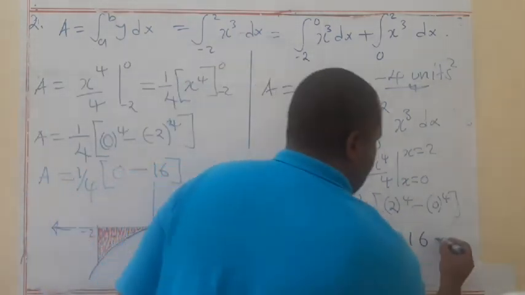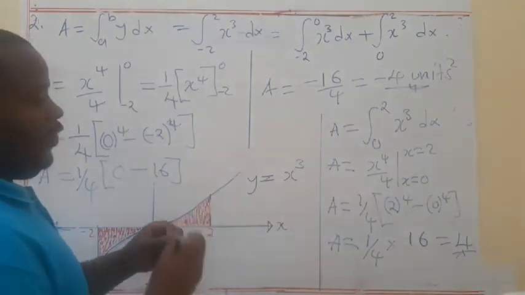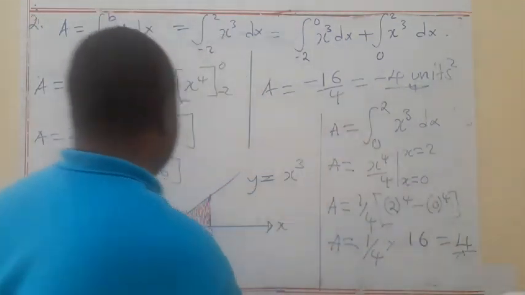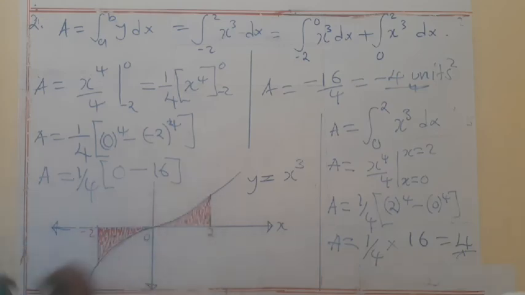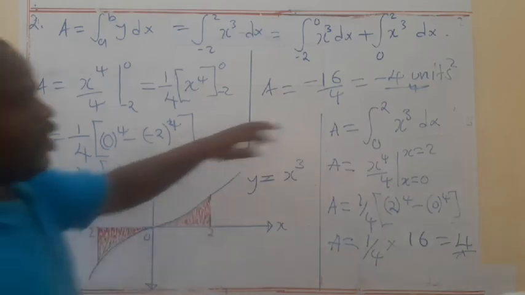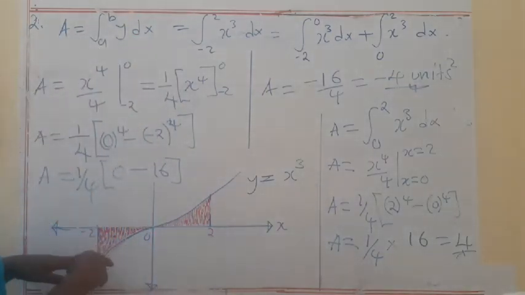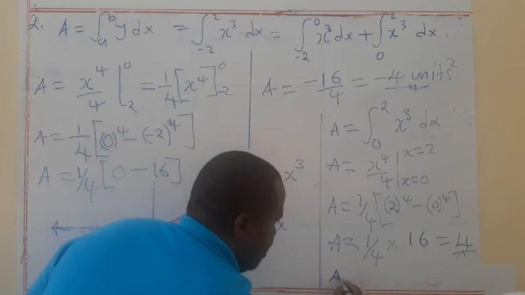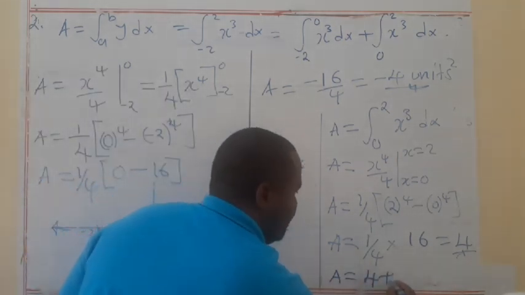What does it mean? Here you have got again the area of 4. So this is what I was saying earlier on. If you are going to add 4 to 4, you get 0. But you're able to see the space here. You're able to see these regions. Okay. So here you ignore the negative sign. Why? Because you are acknowledging the fact that the curve here is downwards. It's below the x-axis. Meaning that the actual area shall be 4 plus 4.